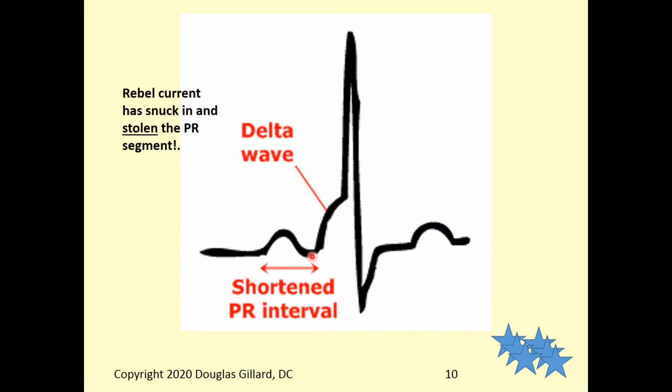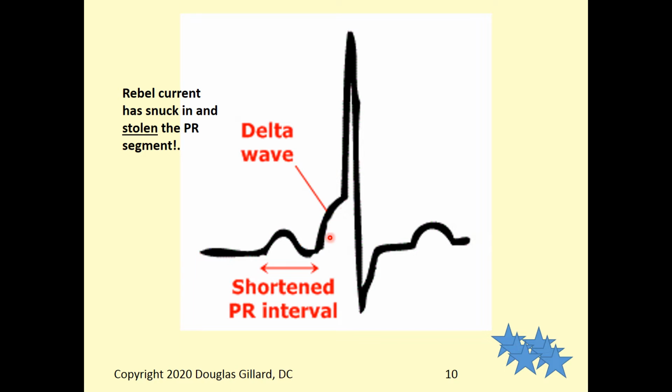Sometimes you don't see this at all, but in this cartoon, this certainly was not built with straight edges. See how these are nice and straight here? But then we got this hump. This hump, normally the PR segment should be right here. So therefore you get no PR segment and a shortened PR interval. Remember, the PR interval is the P wave plus the flat PR segment.